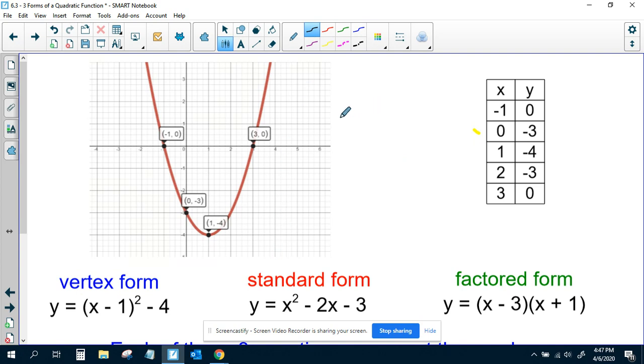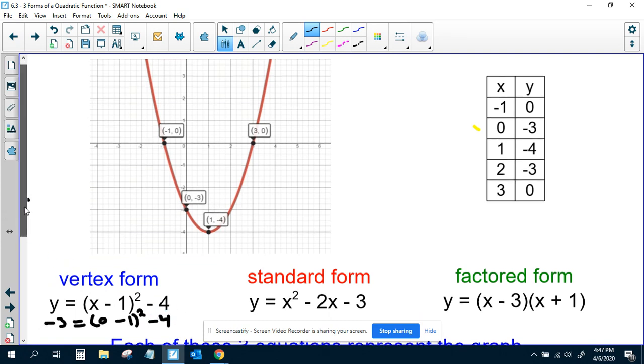If we plug in a 0 for our x and a -3 for our y in vertex form, we get -3 equals 0 minus 1 to the second power minus 4.